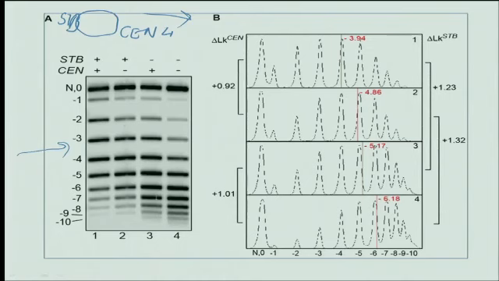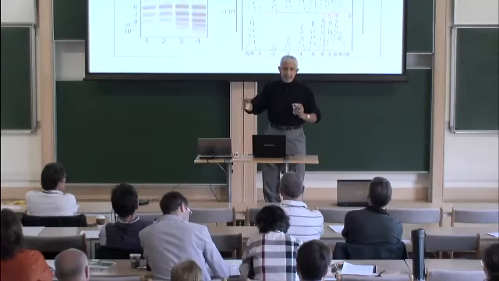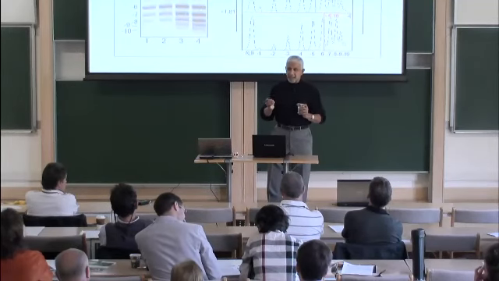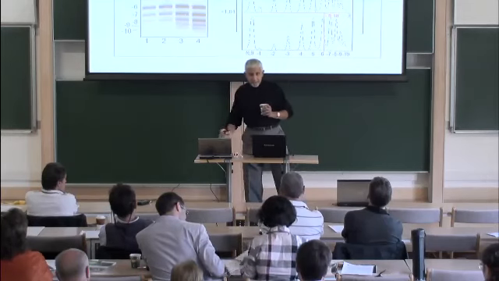When you have STB inactivated, it shifts to negative. When you have both inactivated, you get double the shift, or nearly double the shift. Okay, so not only qualitatively, but quantitatively, the results match. In fact, the SEN and STB topologies are additive when they are on the same plasmid.